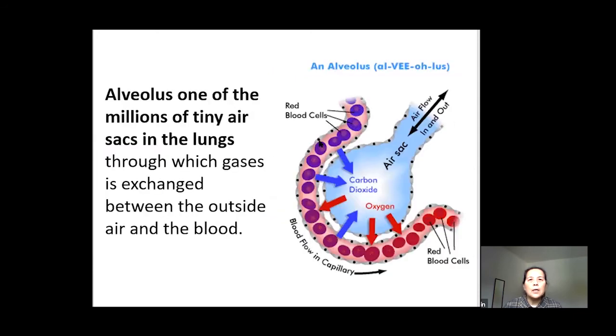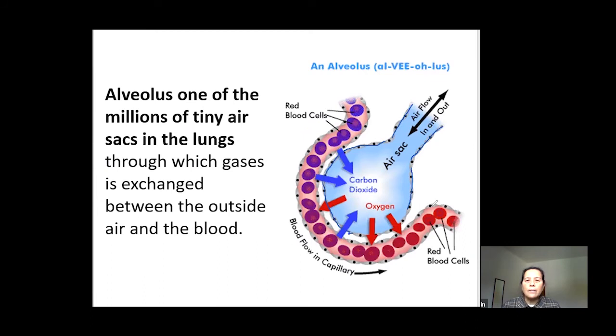So let's see the picture here. That's the terminal bronchiole here, and then connected with alveoli here. You can see that's just a single cell line in here.